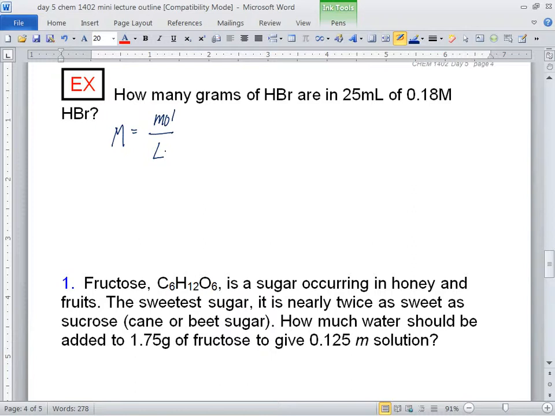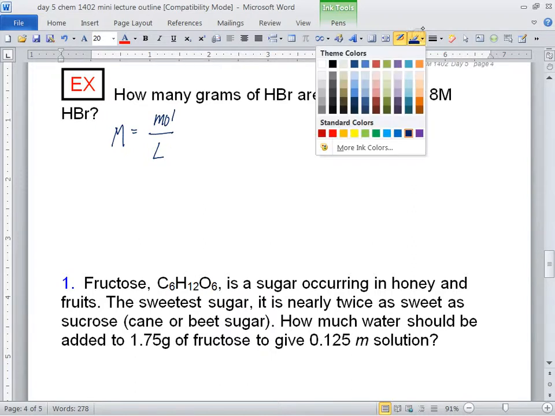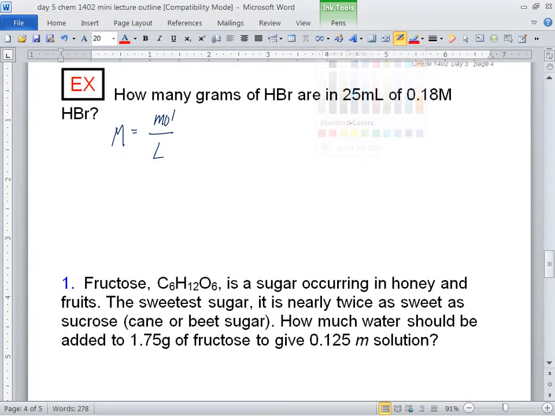What would you plug in for what? 0.18 for big M. That's not moles, that's molar, or molarity. Okay, what else are you going to plug in? There has to be one more thing. Liters is going to be what?